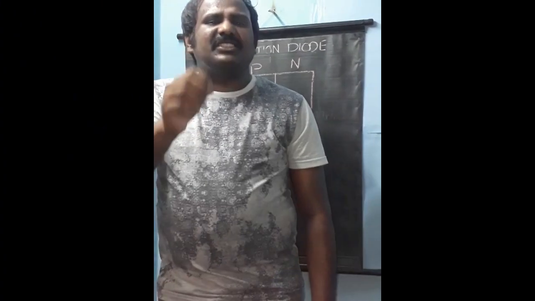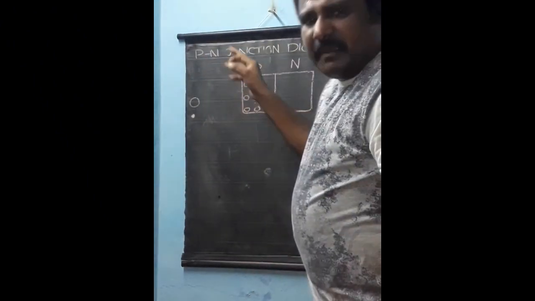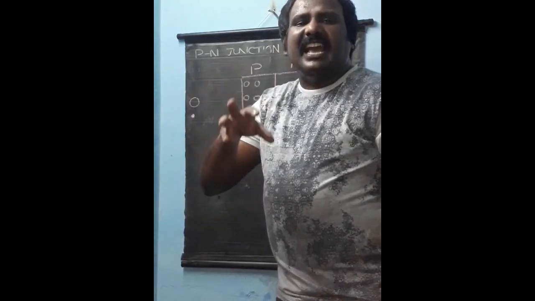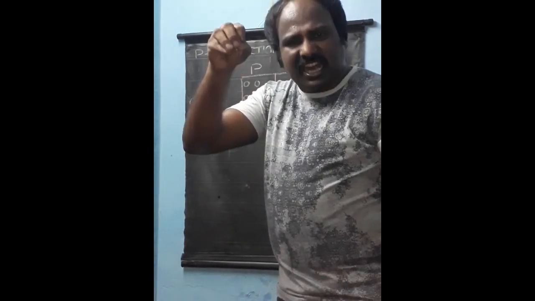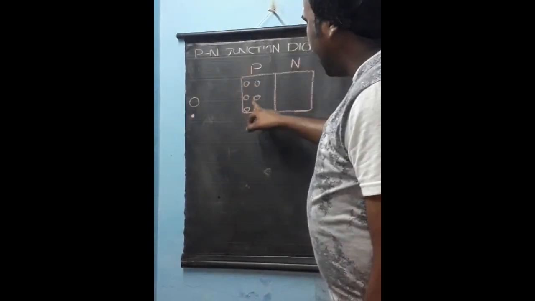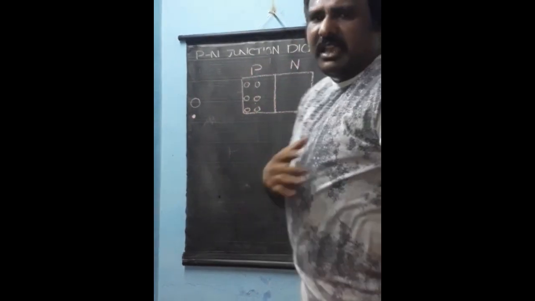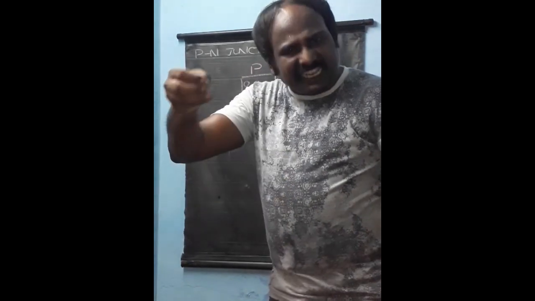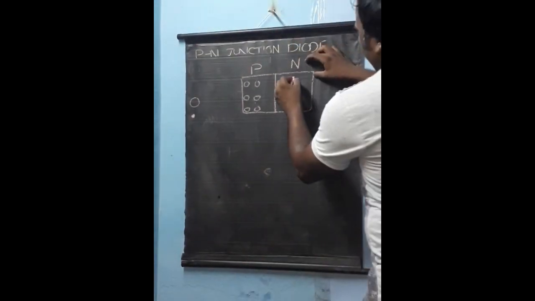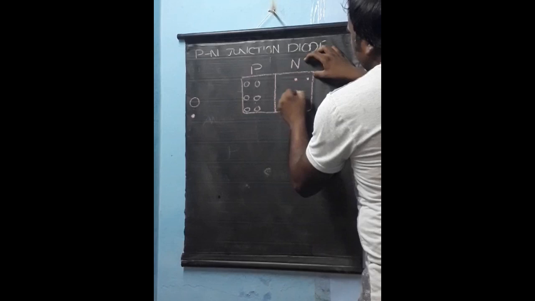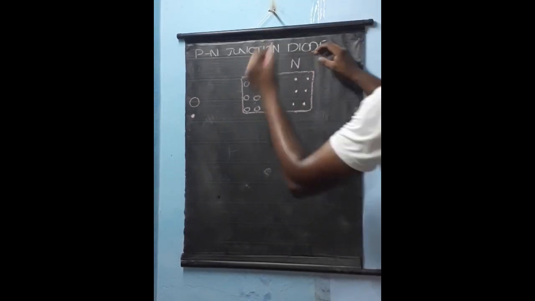If you indicate a dot type structure, it is called an electron. So P-type semiconductor has majority charge carriers as holes. Towards N, N means negative, majority charge carriers are electrons. So we indicate electrons in N-type semiconductor.